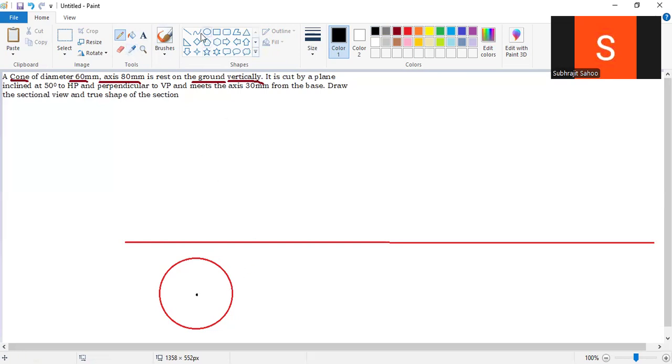Sir, several times I told you, if your object has a circular cross section, then first you need to divide it into an equal number of parts.